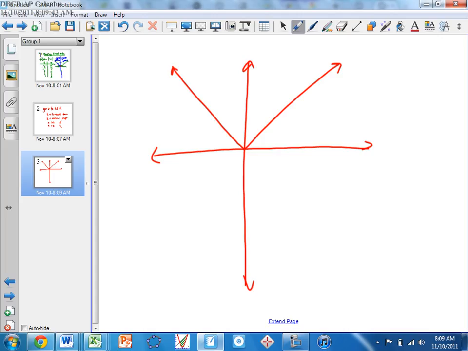You're made up of your parent genes from your mom and from your dad. This is called the parent function because every function we do from this point on for absolute value will look like this, but it will be a little bit different. Like you don't look exactly like your parents, you always look a little bit different, right? So in this case, this is our parent function, and that governs the general shape of the graph.